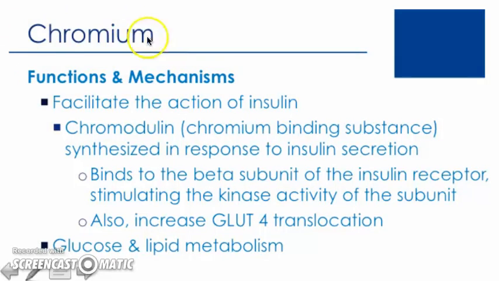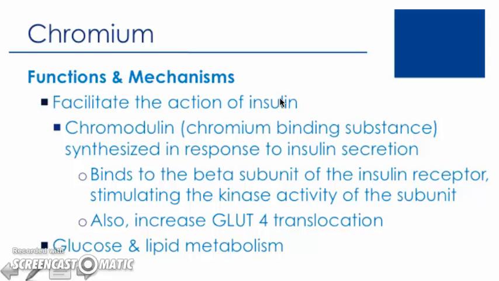A key function of chromium that has been recognized in the literature is that it facilitates the action of insulin. When insulin binds to the insulin receptor, that will promote a signaling cascade within the cell, which then leads to a series of events and a number of outcomes within the cell.